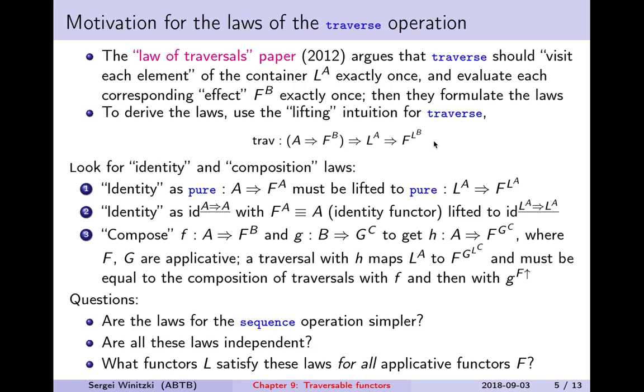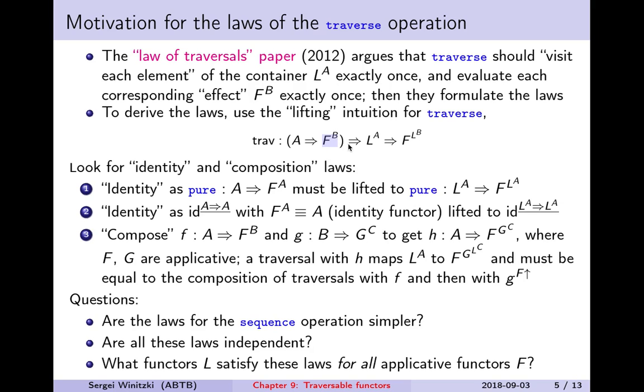But this argument doesn't look at what traverse actually does. Well, what it does is that it evaluates some function on each element. This function produces some effect, maybe. This f is an applicative functor, which could be a monad, or it could be non-monad, but it encapsulates some kind of effect, some kind of computational context or a result other than b.